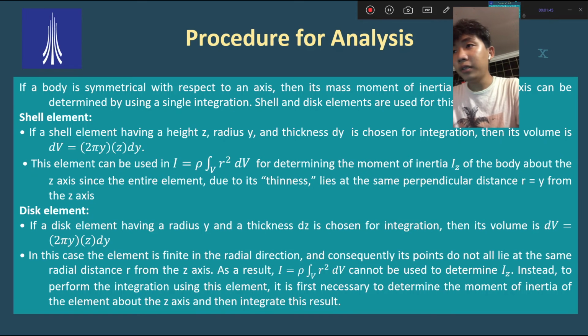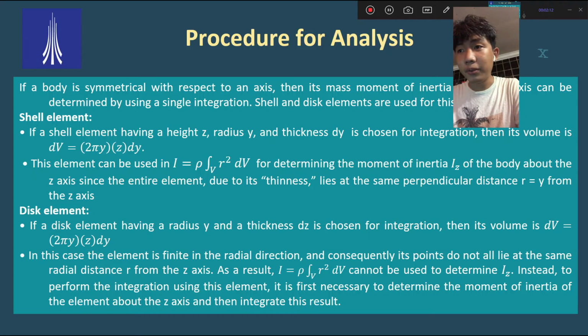So, the procedure for analysis. If a body is symmetrical with respect to an axis, then its mass moment of inertia about the axis can be determined by using a single integration. The shell element: if the shell element has height, radius, and thickness, then its volume can be found by dV equal to 2π y z dy.